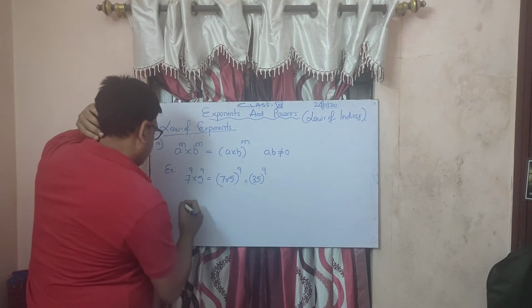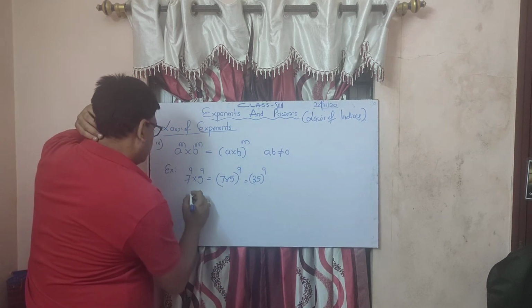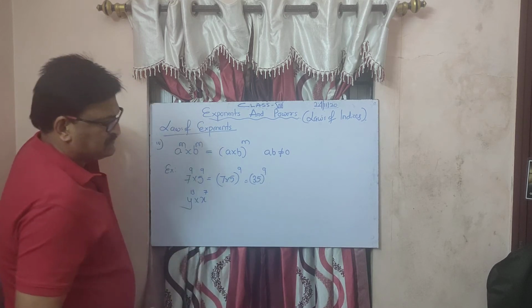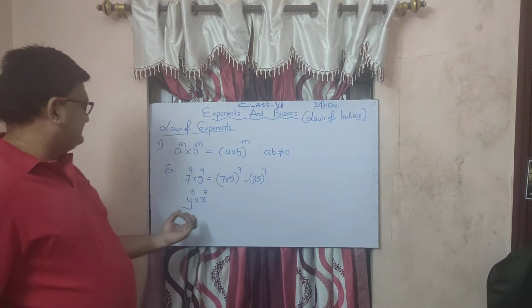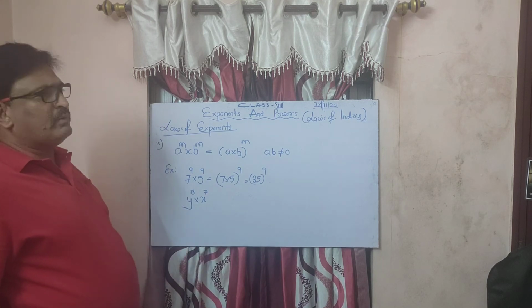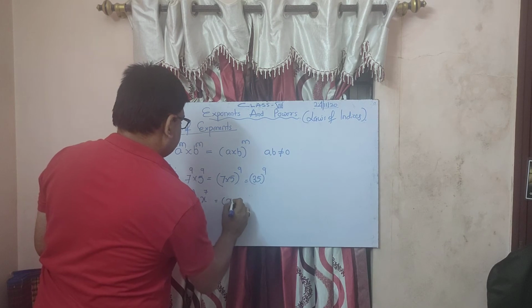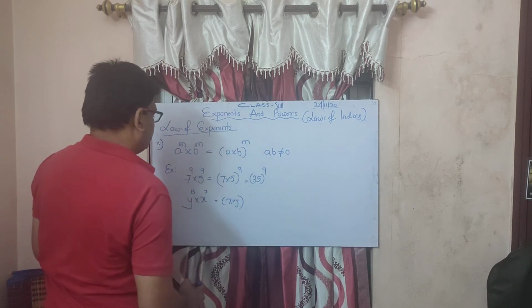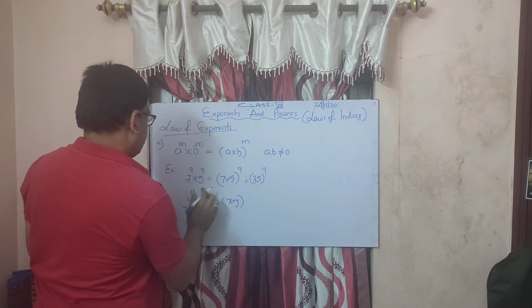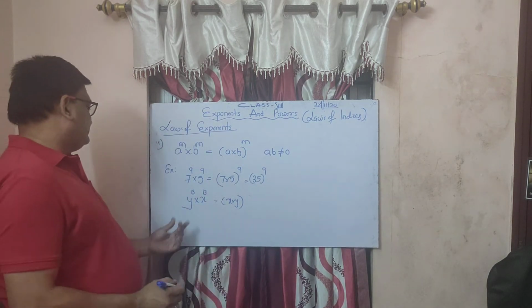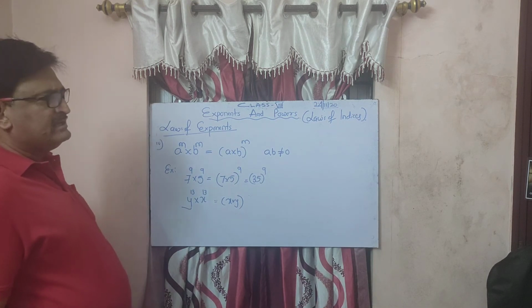Another example: y to the power 3 and x to the power 3. Now you can see the bases are different, one is x and another is y, and the powers are the same.